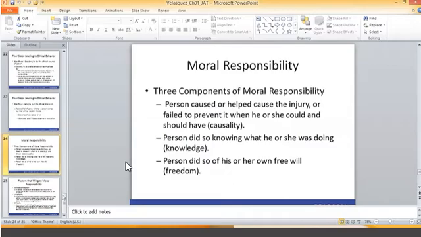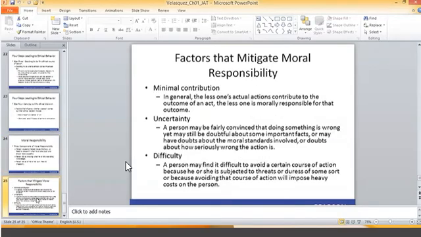All right. And the last slide is talking about factors that mitigate. Mitigate meaning that they lessen your responsibility. One of them is minimum contribution. Committing the thing, the action that took place, your contribution is minimum, right? We can consider that your responsibility is not that severe, not that huge.